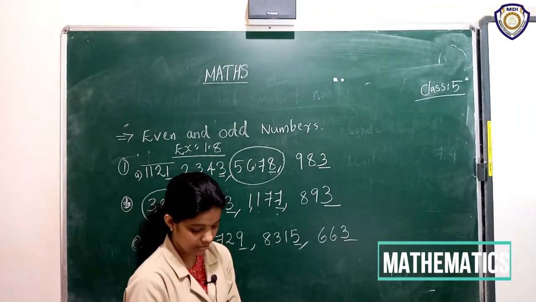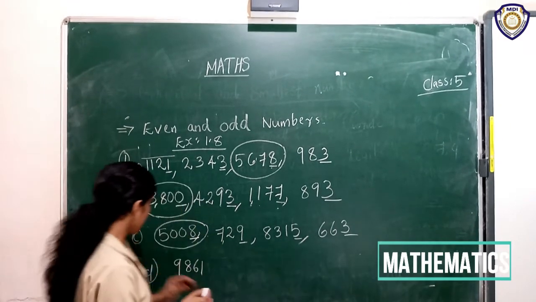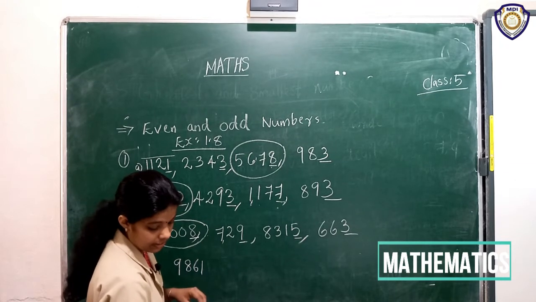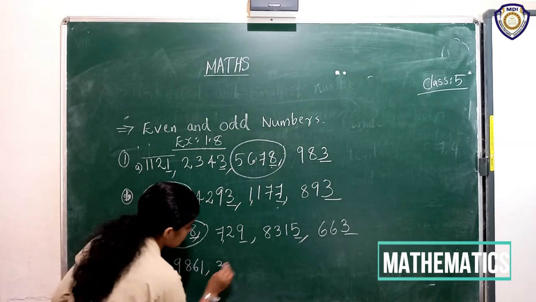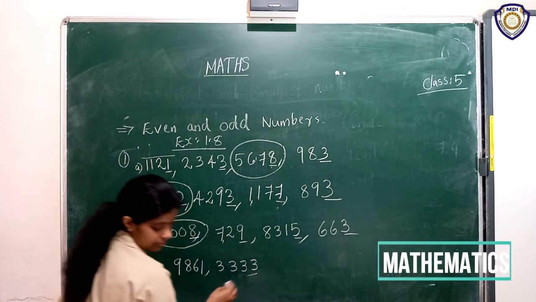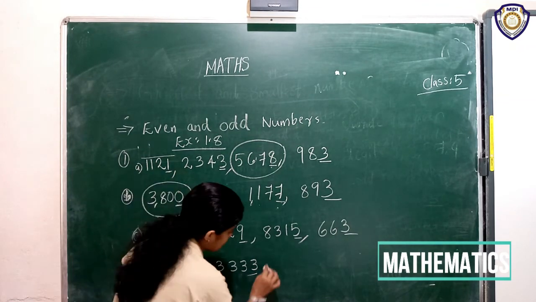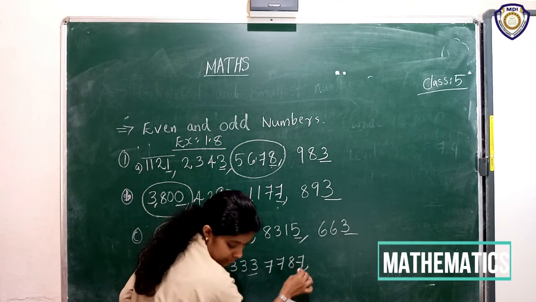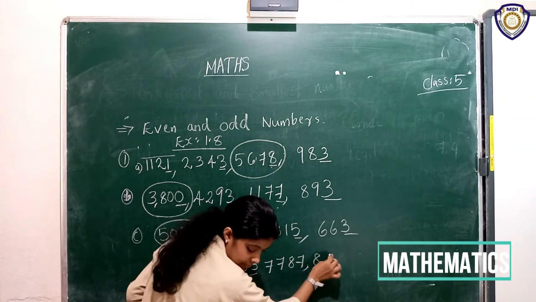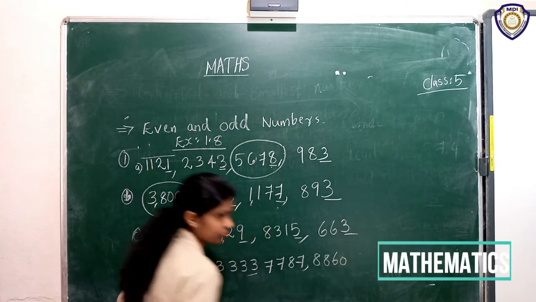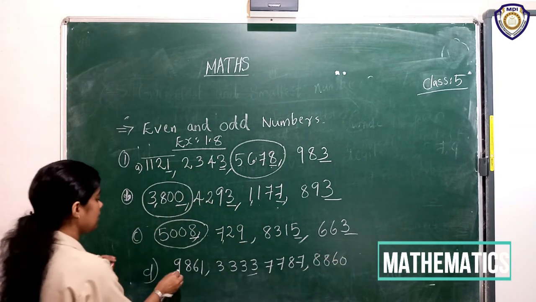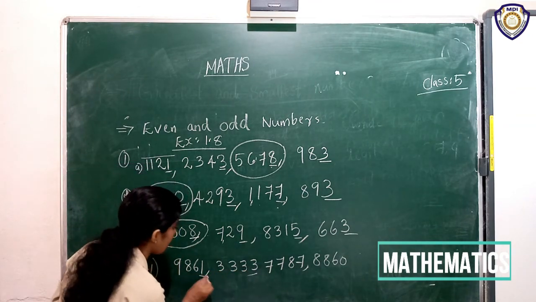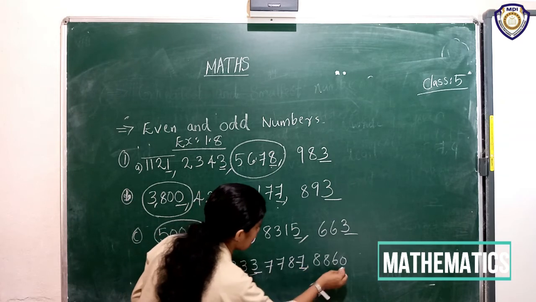9816, 9861, 3333, 7787 and 8860. Okay, 9861, 3333, 7787 and here 0.